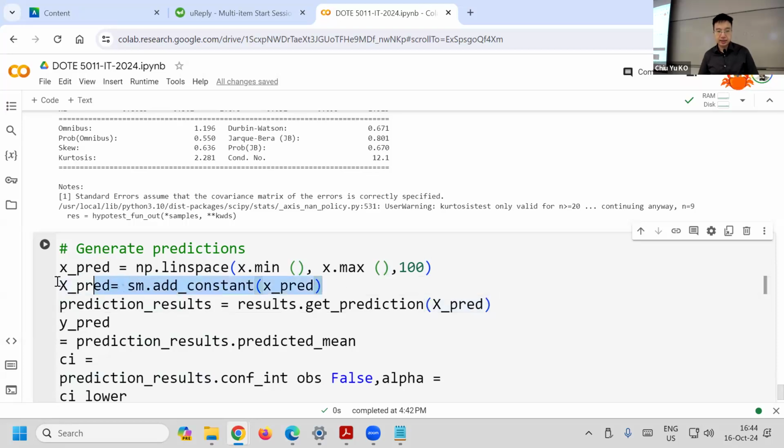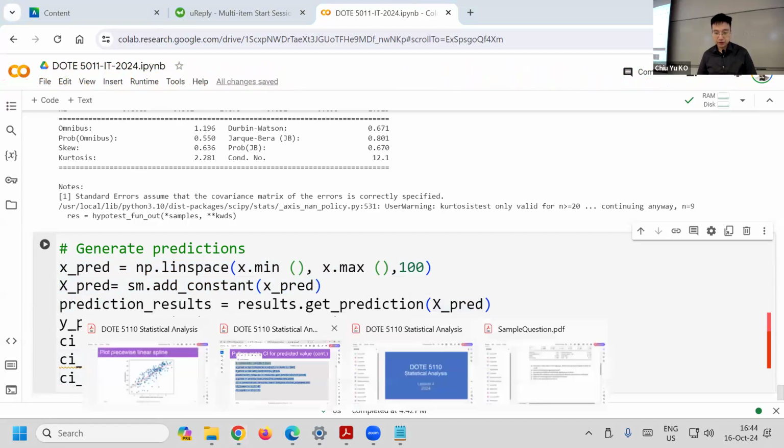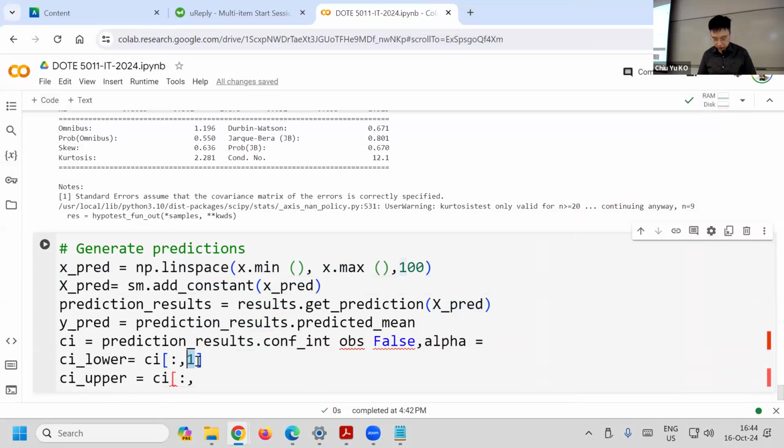And this line is adding a constant there, which becomes a capital X. And based on the regression result, I fit in this X value and it gives me the Y. Okay. And then I get the predicted value of Y. Okay. And this is 1, 0 and 1. So let me explain again what I'm doing.